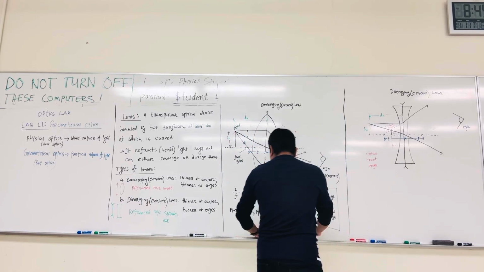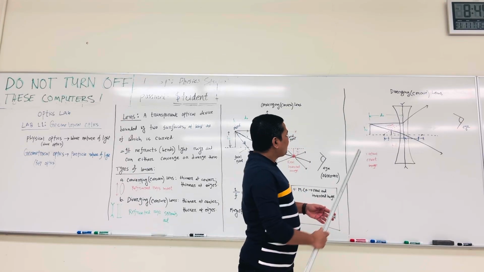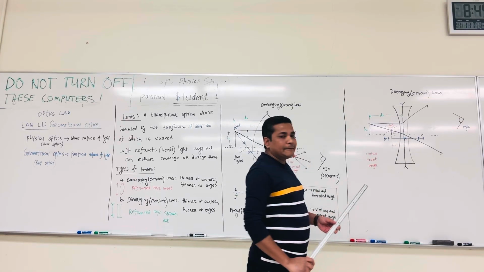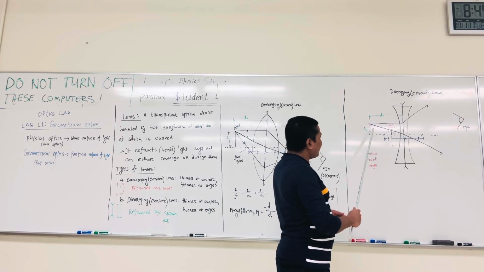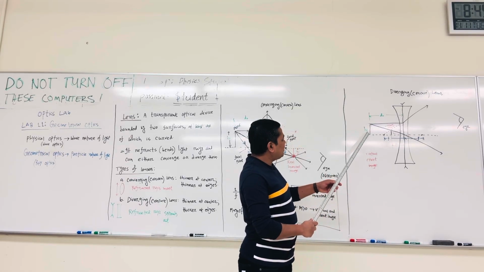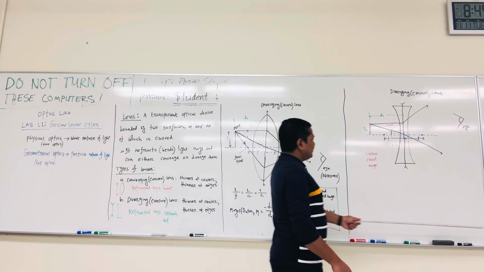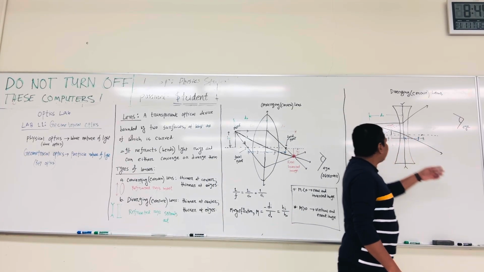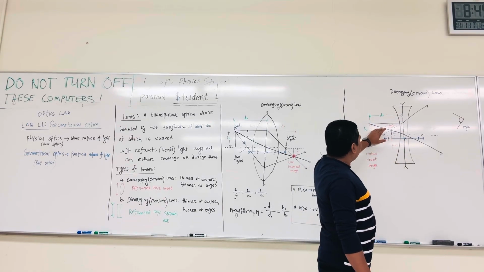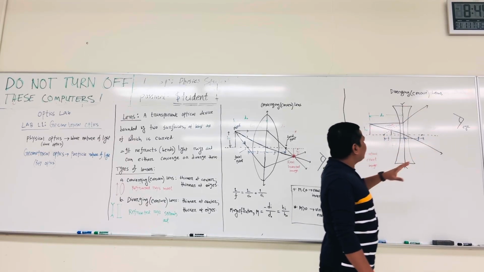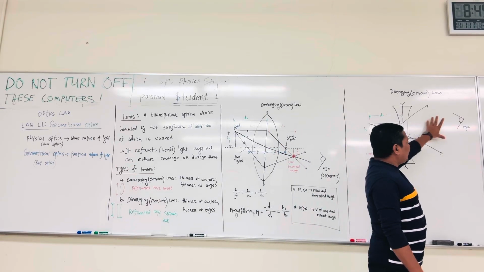So in this figure, you see this is a diverging lens, and this dotted line is the principal axis, this is the vertical axis, and here we have the object, O is the height. From the object, these rays are incident on this diverging lens, and then they spread out when they refract from the diverging lens, right?